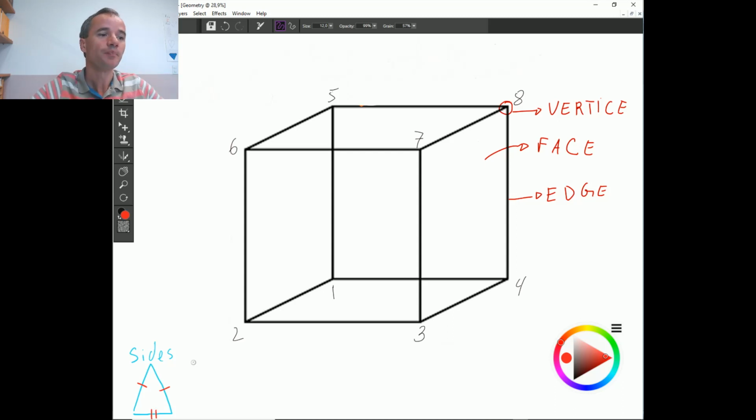So when they have two equal sides and one is different, we are going to say that this triangle is going to be an isosceles triangle.